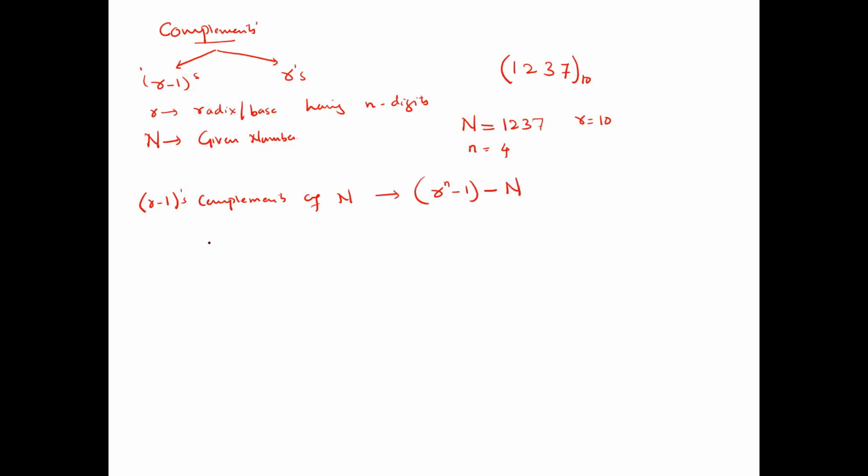You can apply this rule for all 4 number systems we have studied: decimal, binary, octal, and hexadecimal. Now I'm going to consider the decimal number system, where the value of r is 10. Now what is r minus 1? R minus 1 will become 9.